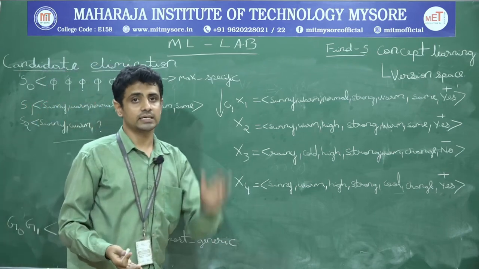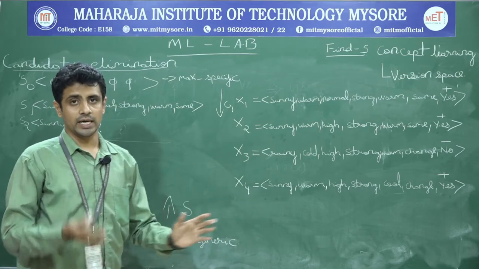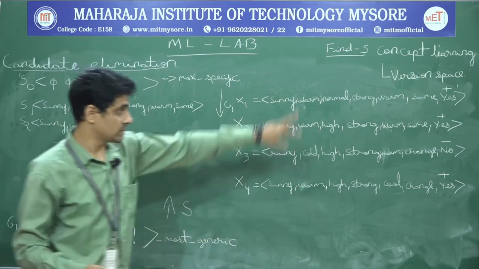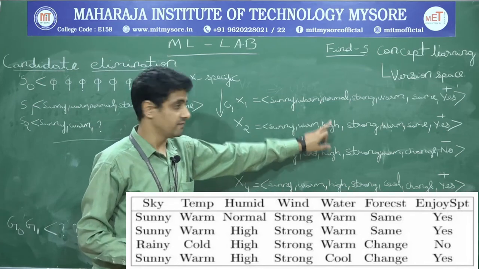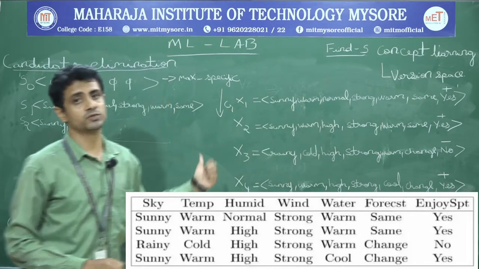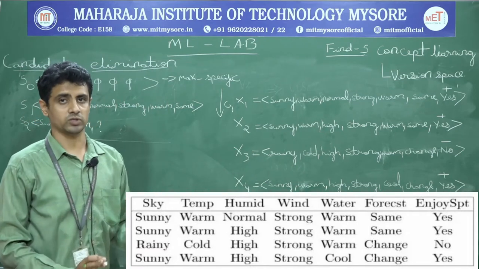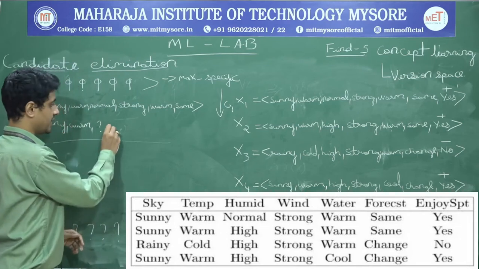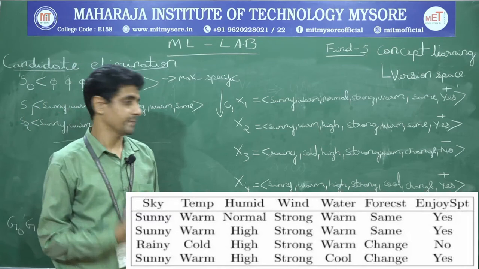It says that the third attribute for the given play sports data set, for both the positive examples, is sometimes normal, sometimes high. If it is normal or high, it is a positive classification. So question mark indicates that it can take all the possible values, either normal or high.